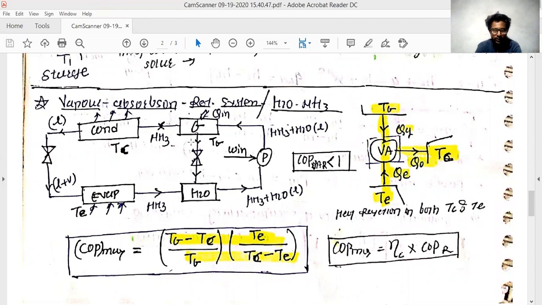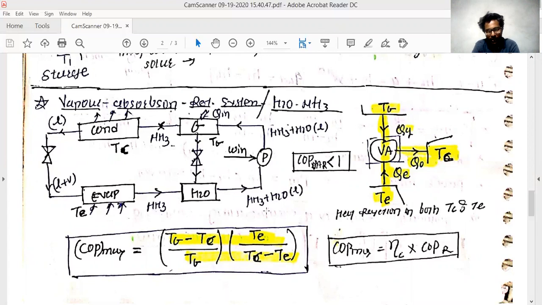The remaining water is transferred to the absorber, where it combines with the ammonia coming from the exit of the evaporator. In this absorber, the heated ammonia gets absorbed in the water, and once absorbed, it is sent to the pump, which pumps this ammonia plus H2O in the liquid form.